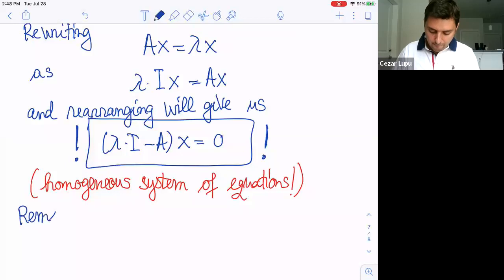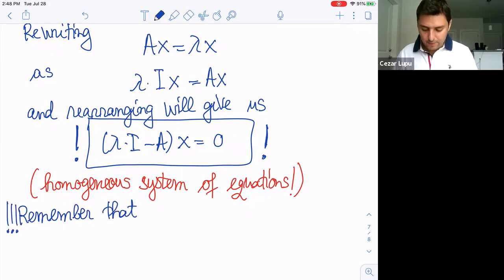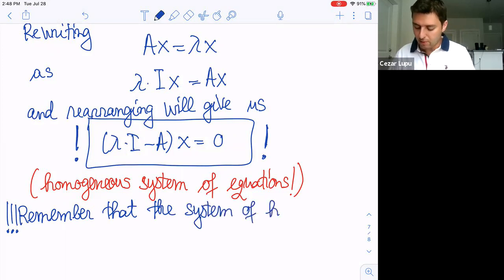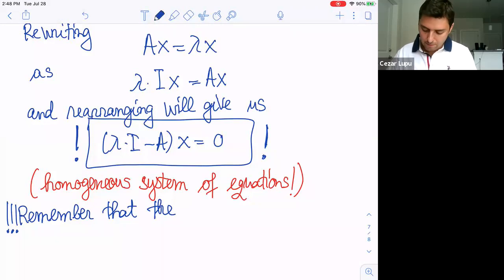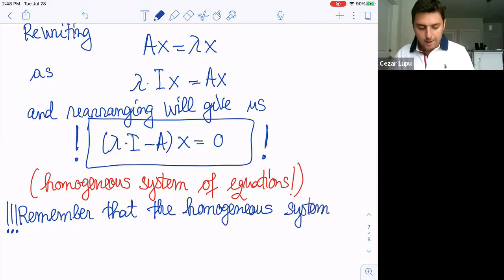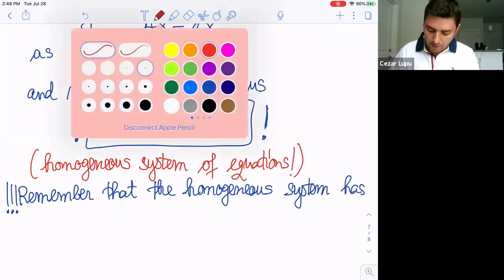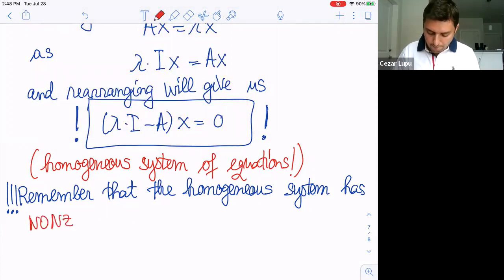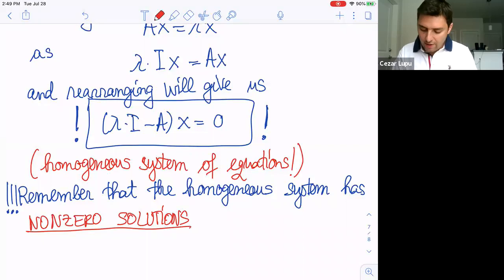Remember that the homogeneous system has non-zero solutions, and let me point this out, if and only if.